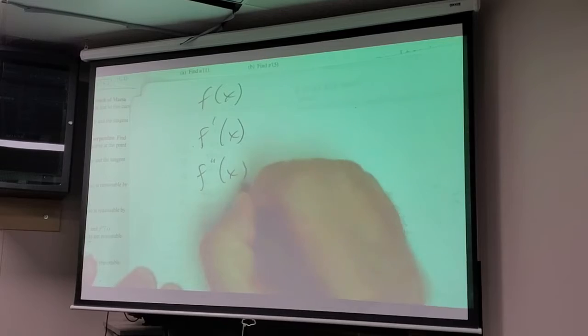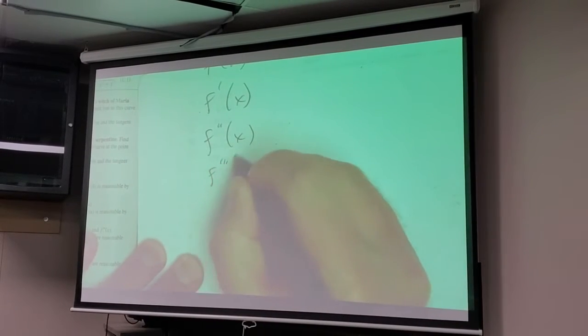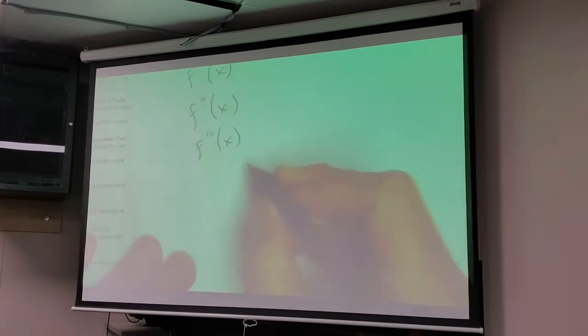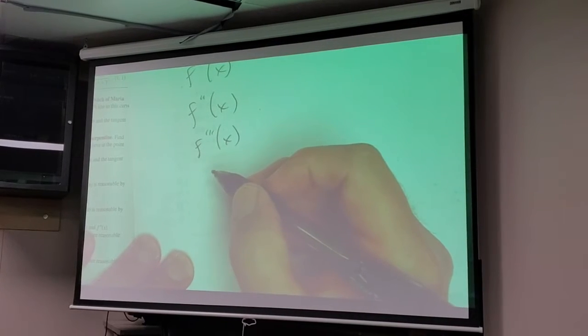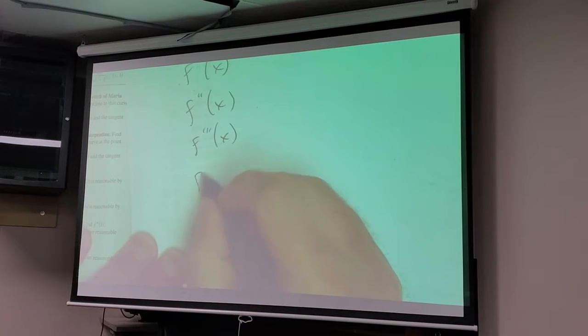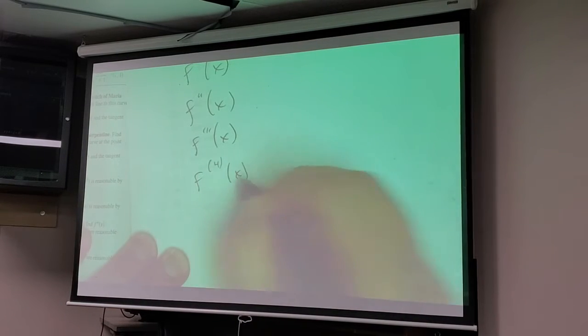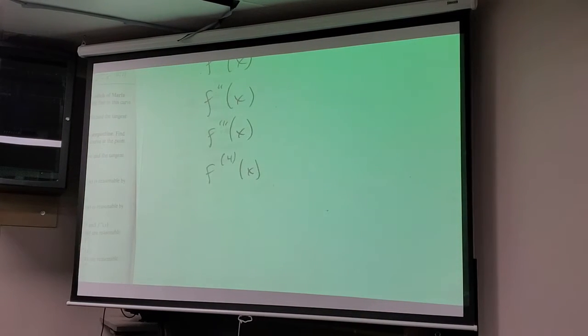First derivative. And then what does this mean? Second. Third. I don't want to go to the point where I'm doing a tally. So after the third derivative, we do this, and that's understood to mean fourth derivative, and we do that forever after.